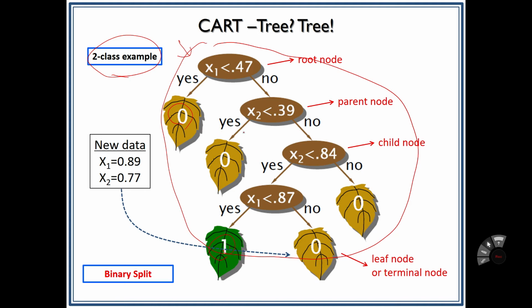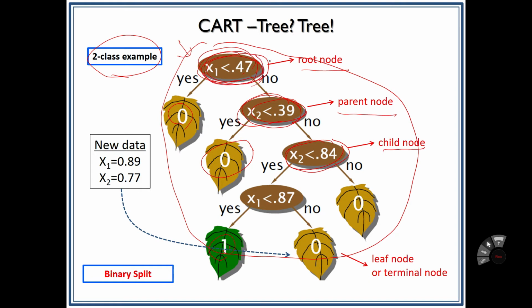A tree-like structure. I told you that the upside is down and the downside is up. So this part is called the root node, and this node is a parent node of these two nodes, and this node is a child node of this node. So the nodes on the upper side are parent nodes and the downside are child nodes.